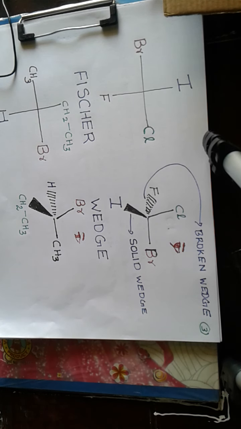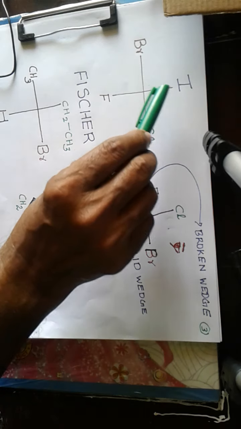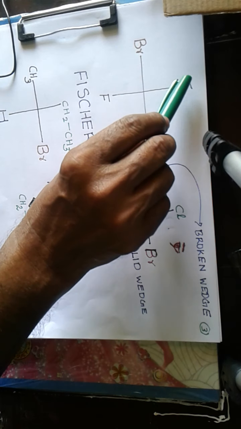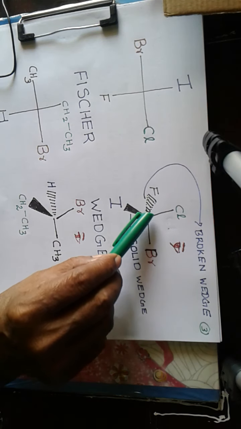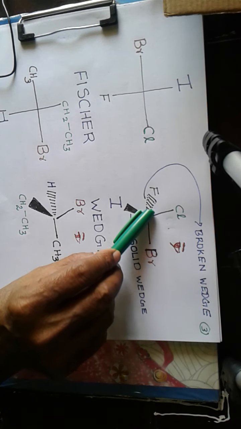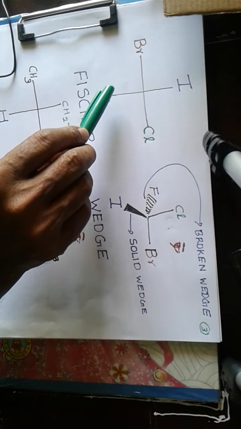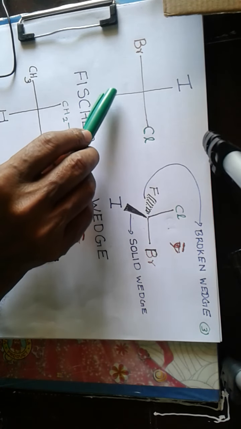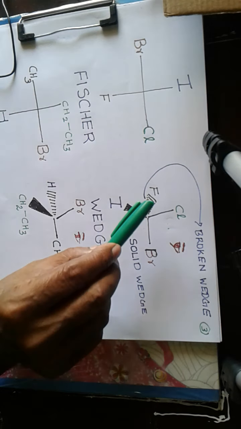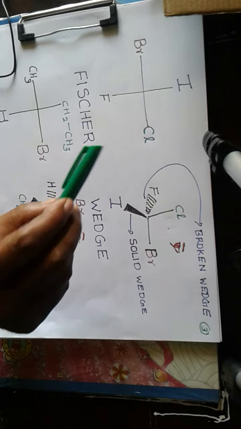Now from the Fisher formula, we can draw this wedge formula. Iodine is at the top of the vertical line, so it forms the group connected to carbon by means of a solid wedge. Fluorine, which is at the bottom of the vertical line, is drawn using a broken wedge.